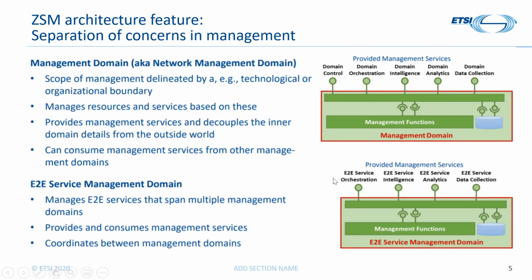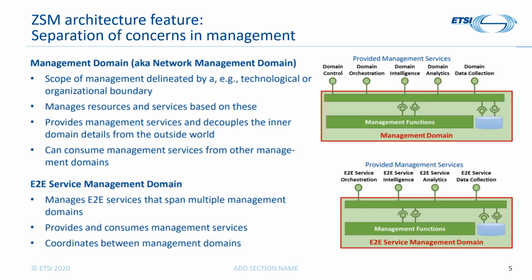The resources and services are managed based on the scope defined. The same resources for a managed entity, for example, performance metrics for a UPF, should not be managed by multiple management domains. Management services from another management domain can be consumed by any management domain.